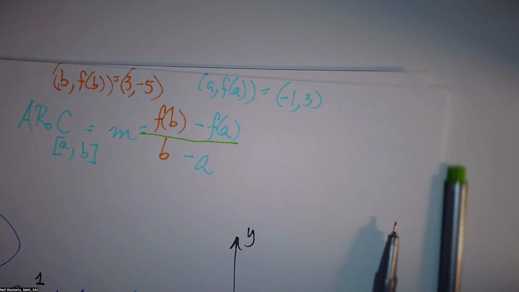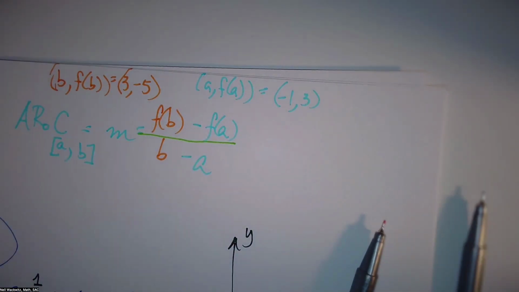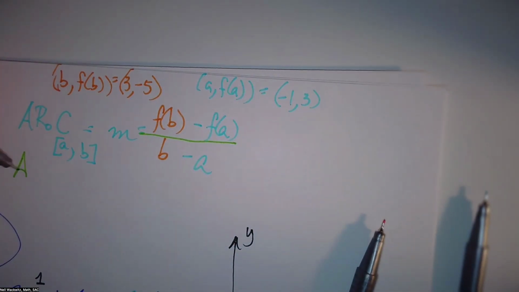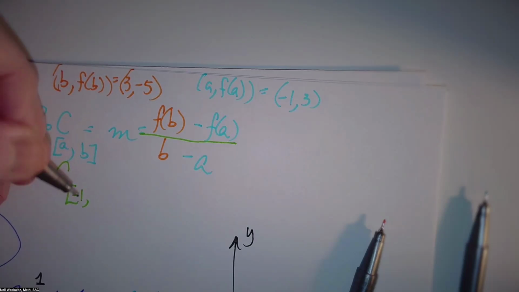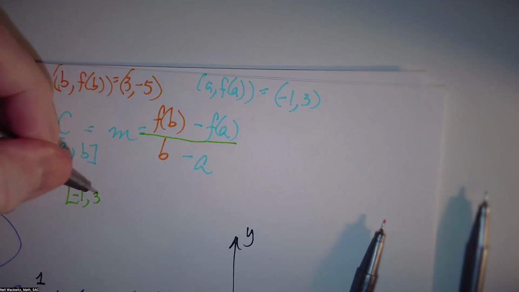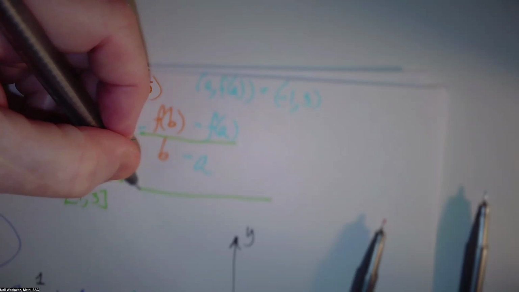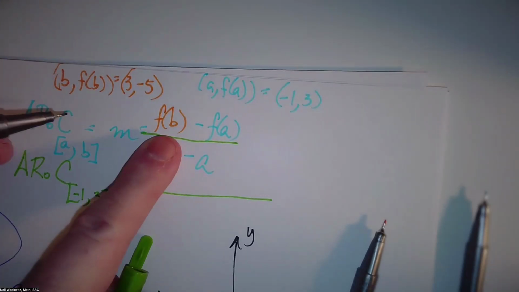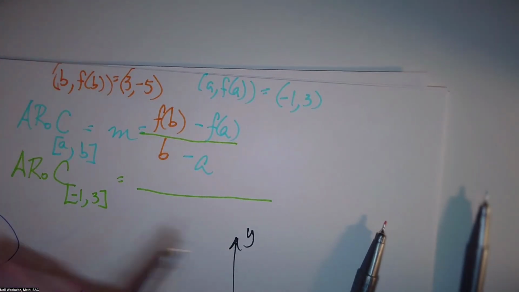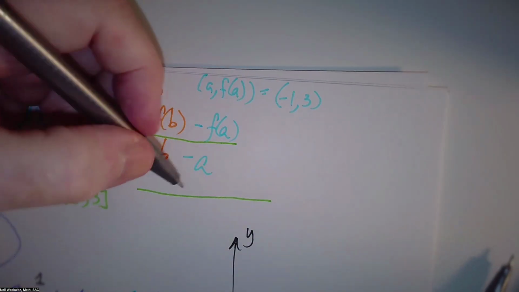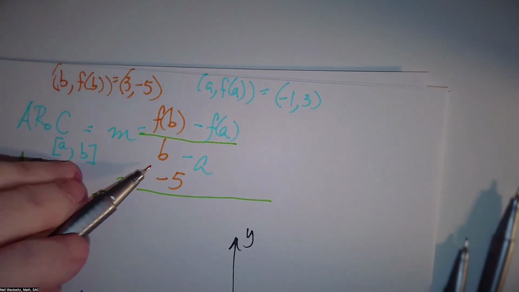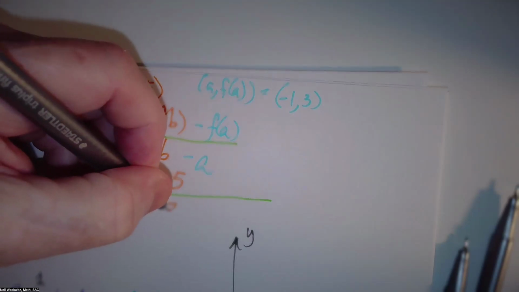All right, so we've got the average rate of change on the interval from negative 1 to 3. We said the f of b was negative 5, and that b was 3.